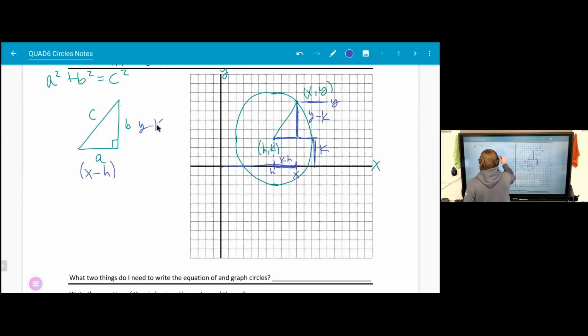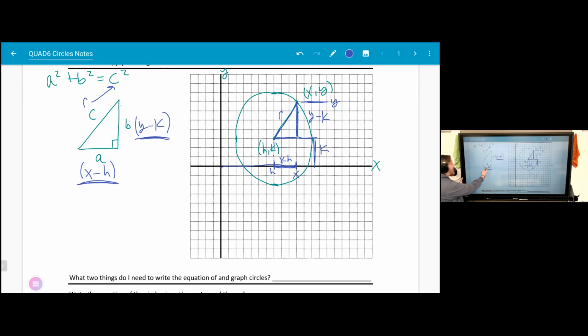And then lastly, what do we call the distance from the center to the edge of the circle? Well, we call that a radius, our r. So if this was c, this could go here. My b could go right where that is. My a could go right where that would be.